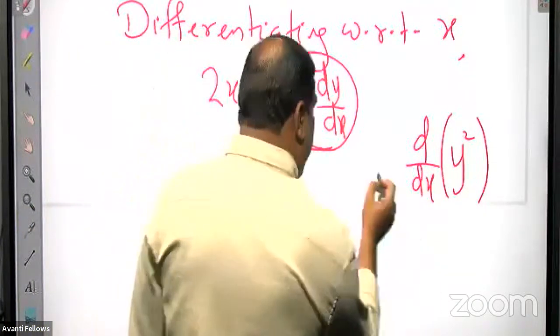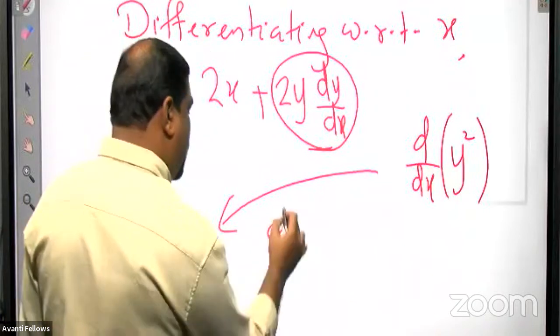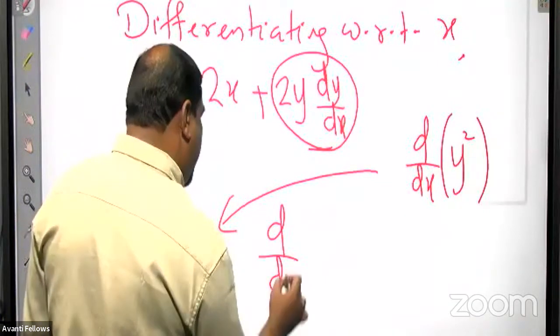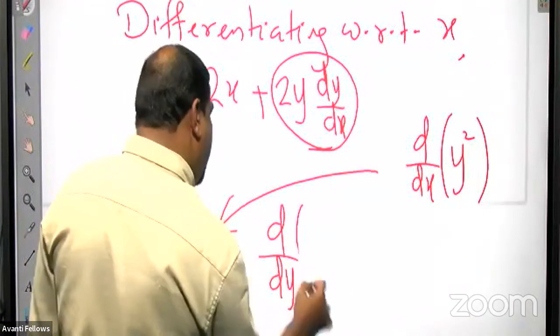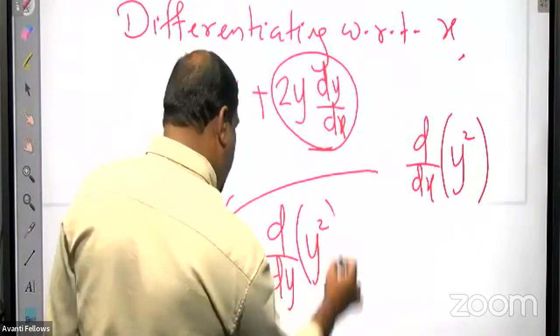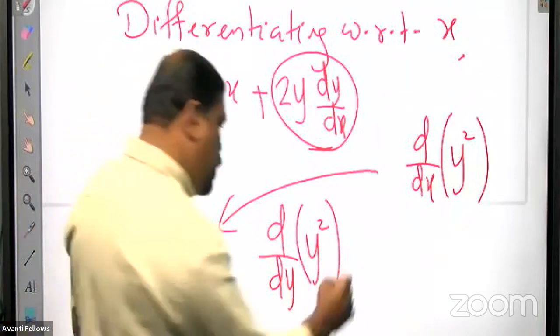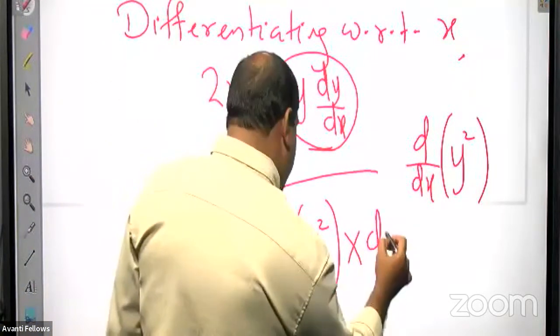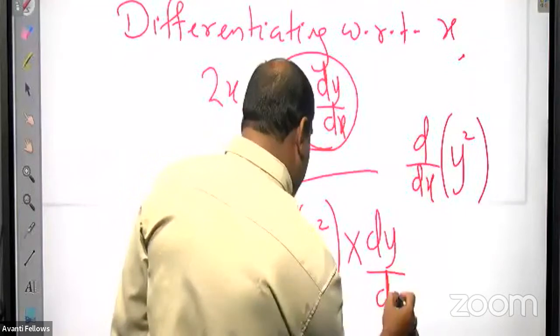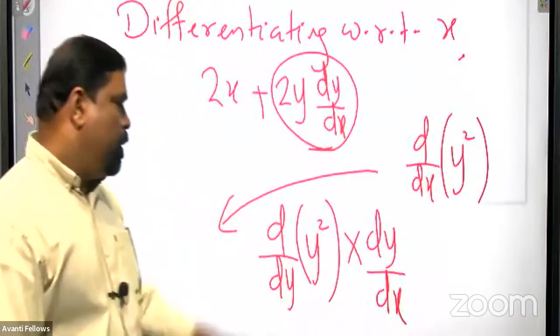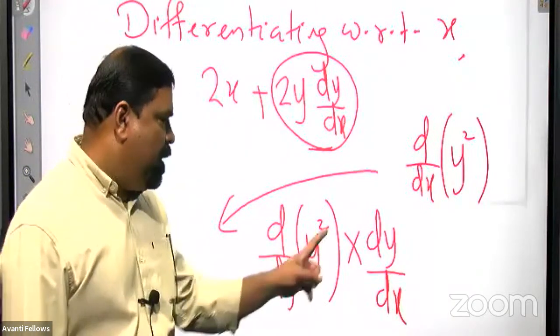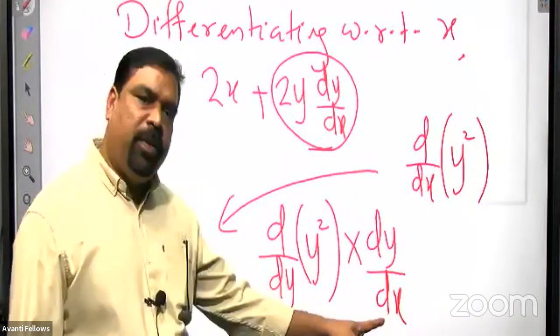I can write d by dx of y square as d by dy of y square multiplied by dy by dx.